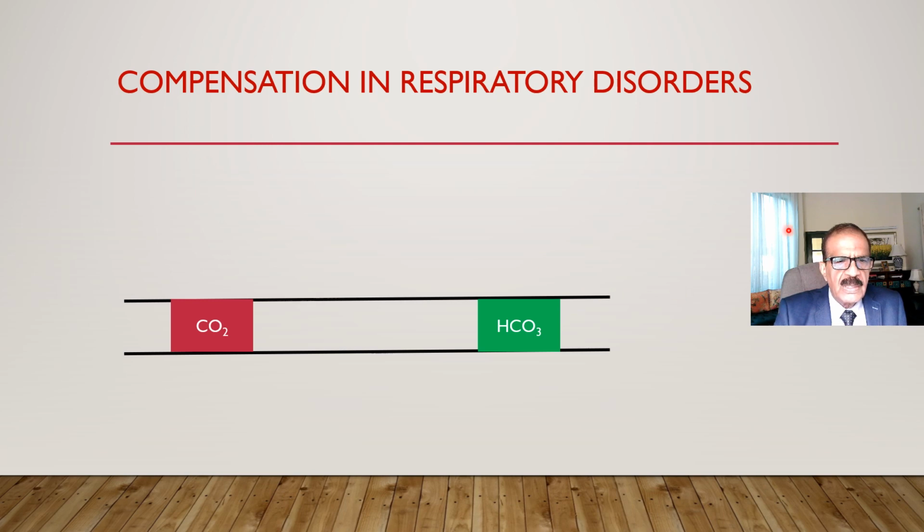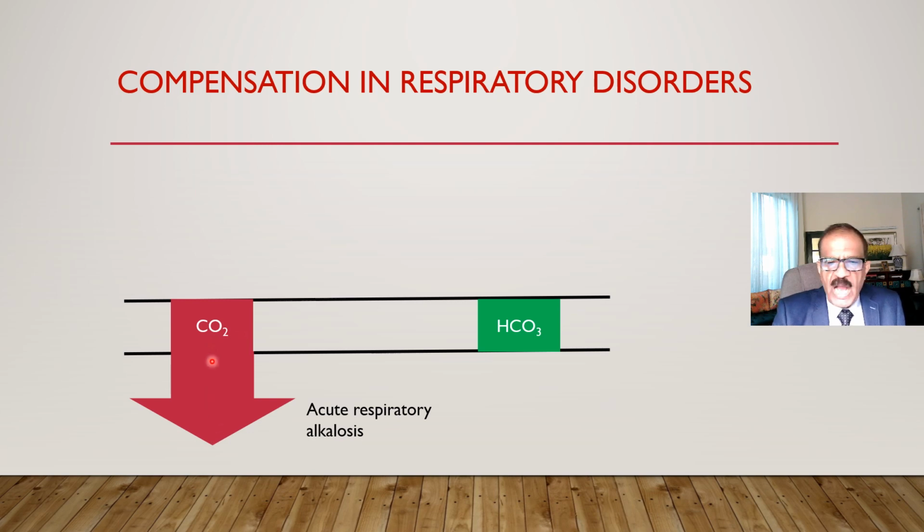Now, in alkalosis, carbon dioxide may be washed out. If carbon dioxide is reduced, but bicarb is normal, this would be acute respiratory alkalosis. That means it is an acute phenomenon. There is not yet any compensation by kidneys, because kidney compensation takes time. So in acute respiratory alkalosis, you will just have reduced carbon dioxide, bicarb will be normal.